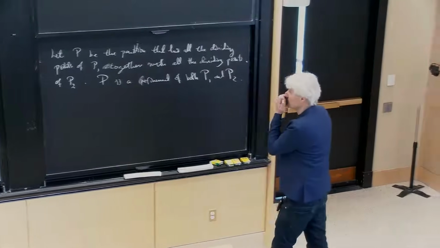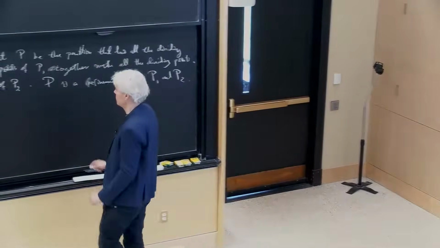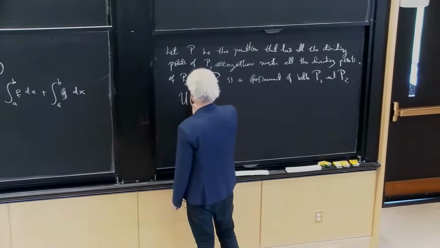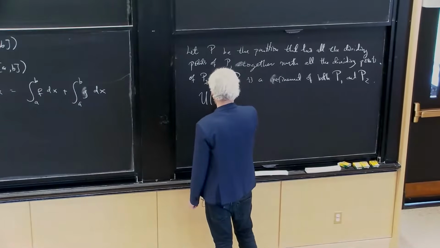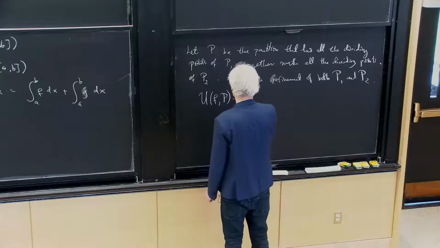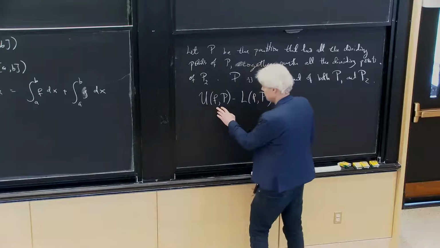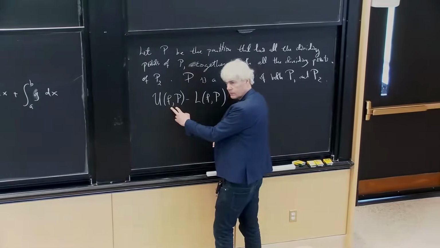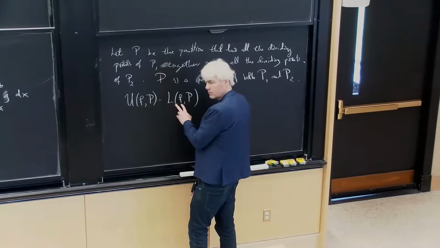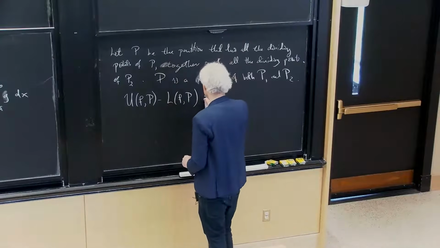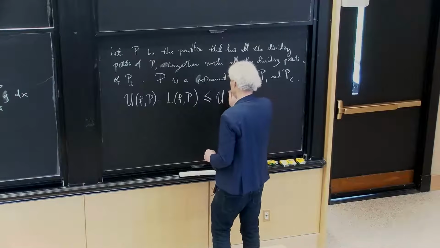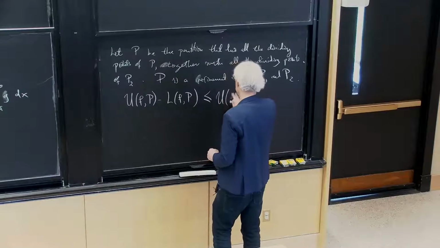So when you're looking at this upper sum minus this lower sum, remember that if you go to a refinement, then the upper sum goes down and the lower sum goes up. So it means that this difference here will be less or equal to what it is for P1.